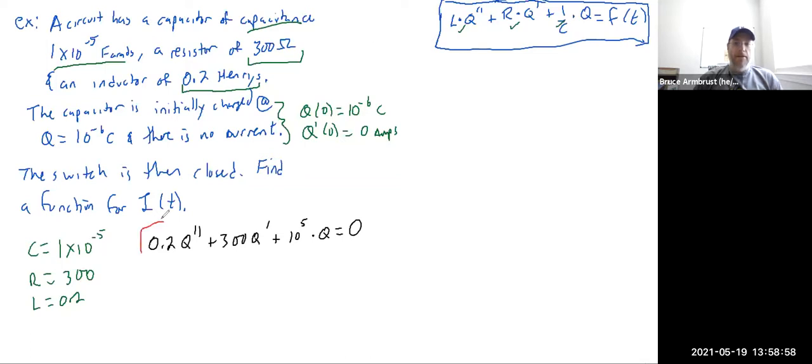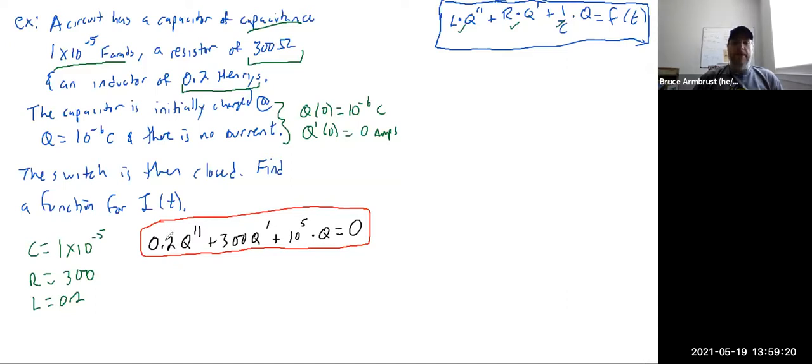And so here's the differential equation that we need to solve. All right, well, there it is. Not too bad, right? So let's go ahead and solve it.